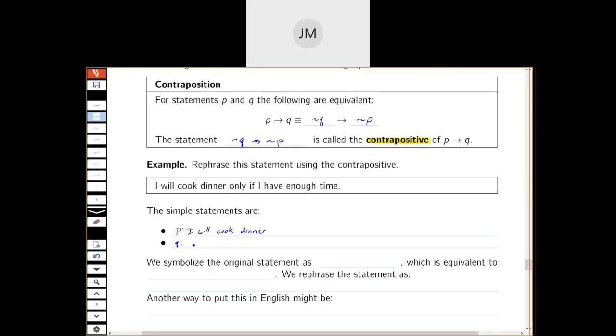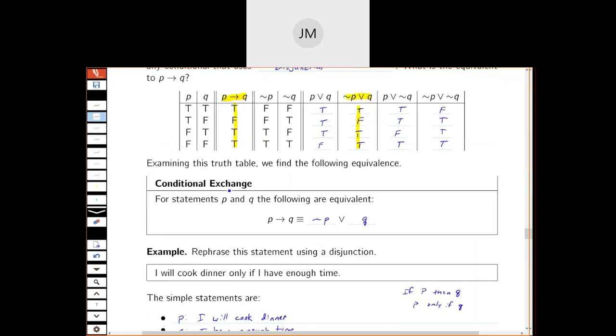And my statement Q is I have enough time. I will cook dinner only if I have enough time.